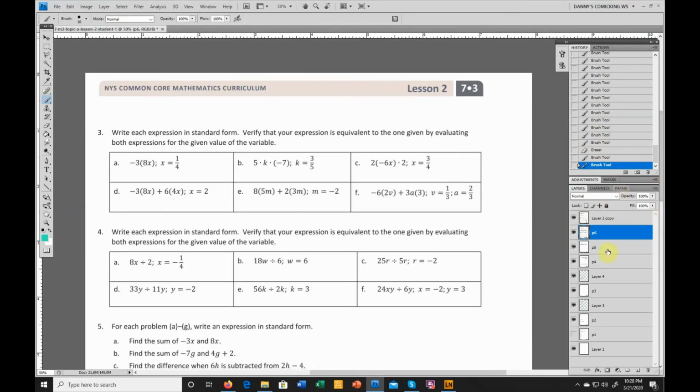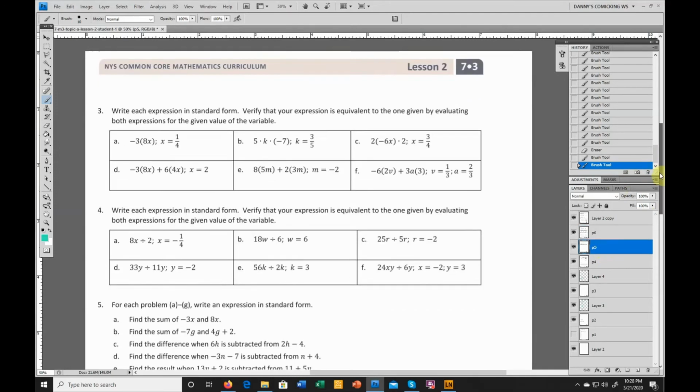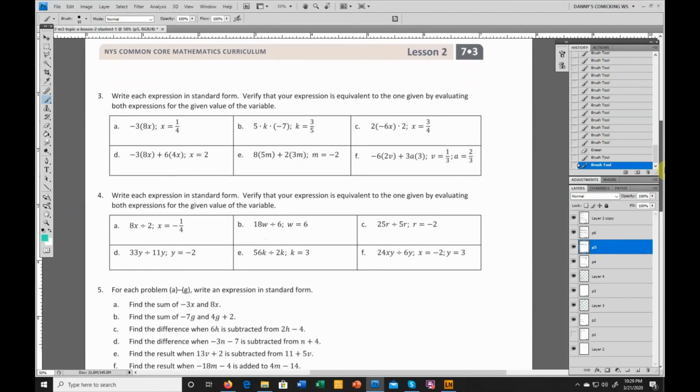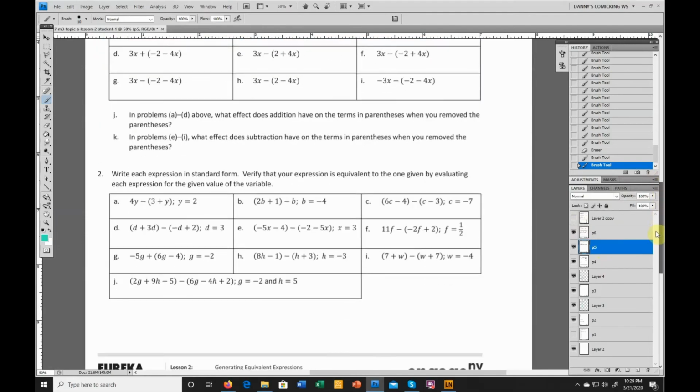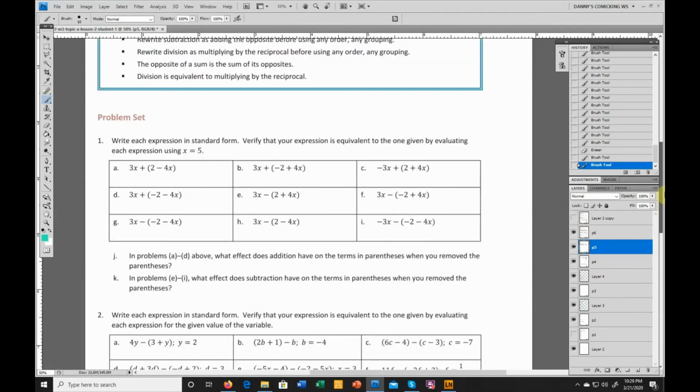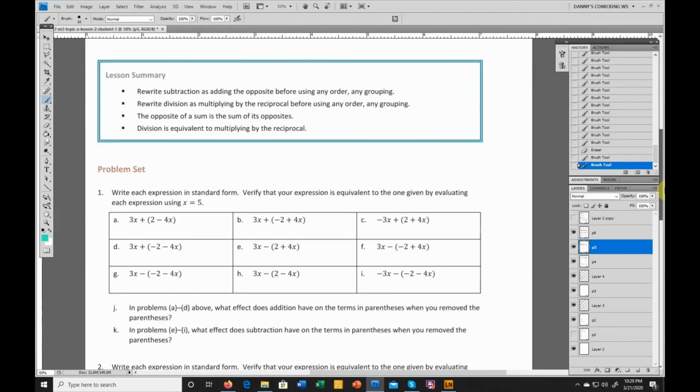So then we have the problem set, beginning on that page. That is your homework. I know you guys are already doing work at home, and I'm so sorry.